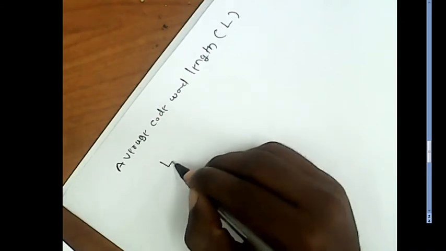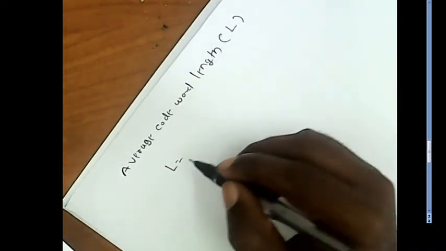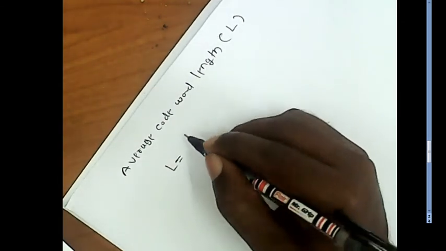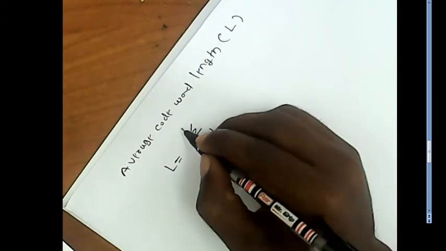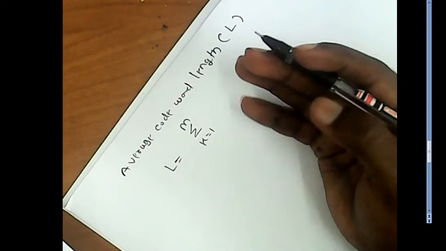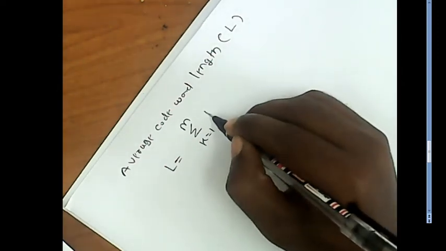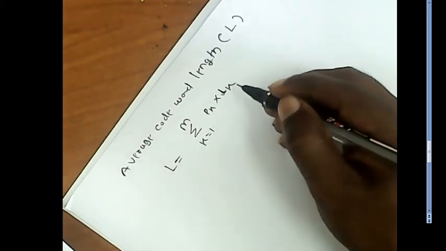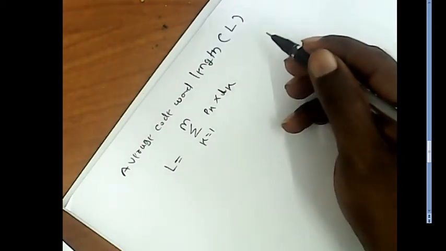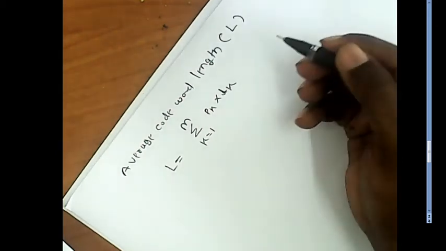It is denoted by capital L. So L is equal to the summation from k equal to 1 to M equal to 8 of pk into lk, where lk is the length of the individual message code word and pk is the probability of the individual message.